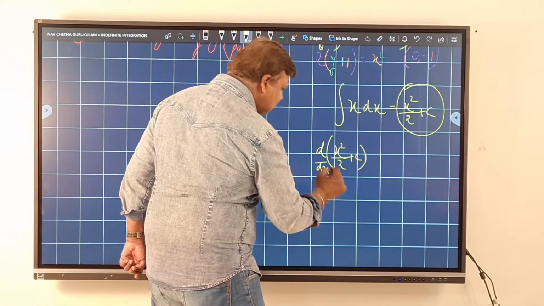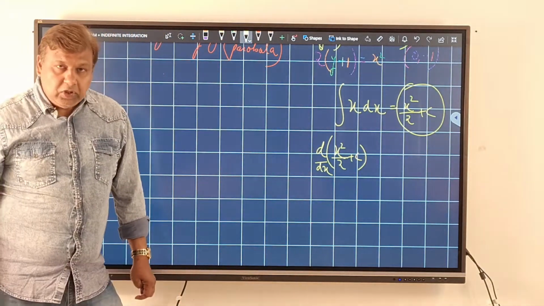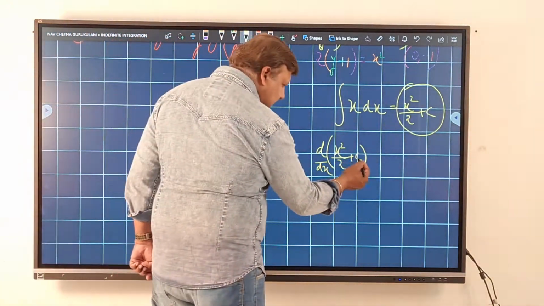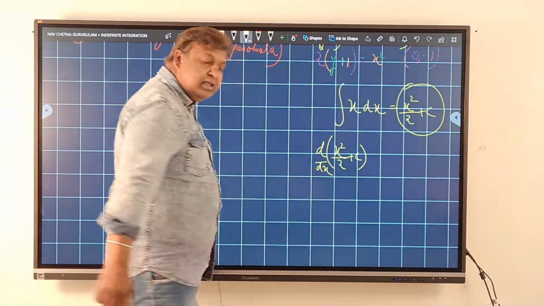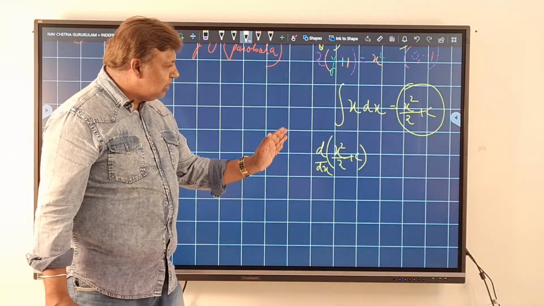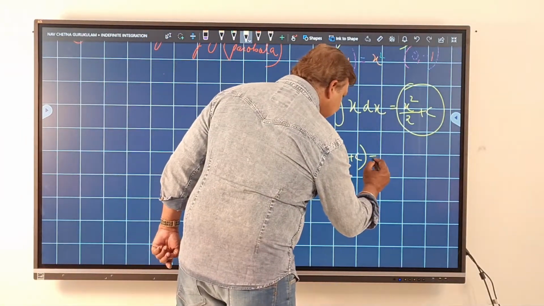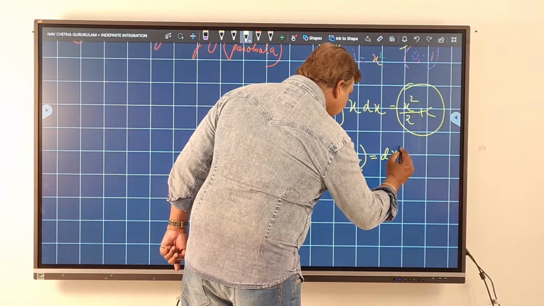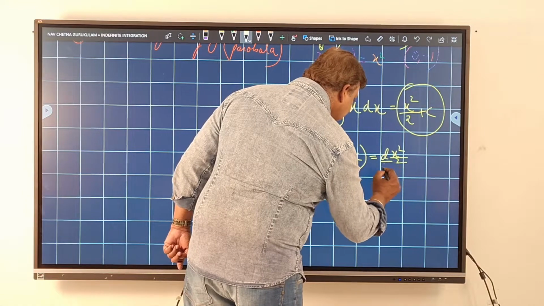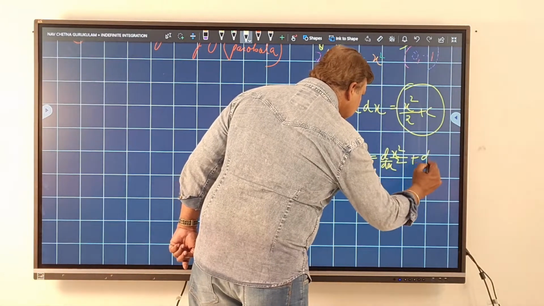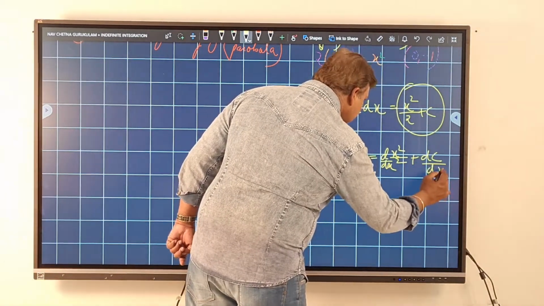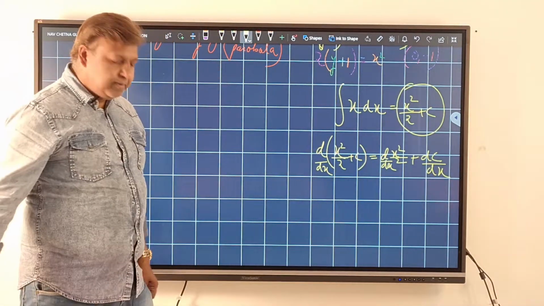Okay, dear students? Now we know whenever two functions are added or subtracted, the differentiation can be taken in the same way. That means we'll have d of x squared by 2 by dx plus dc by dx. Right?